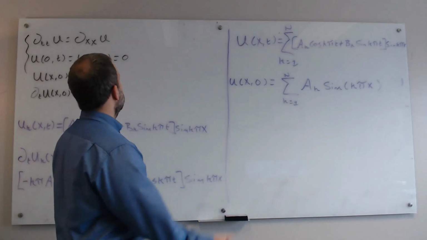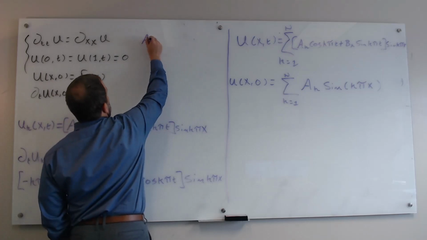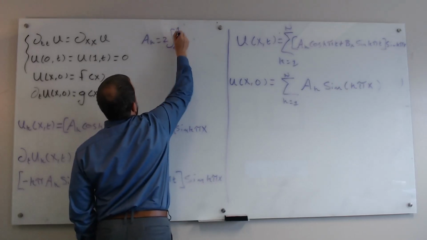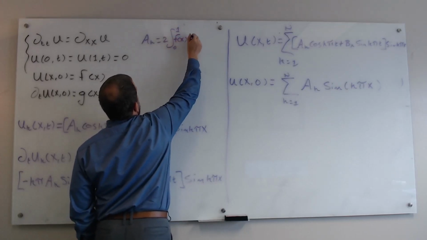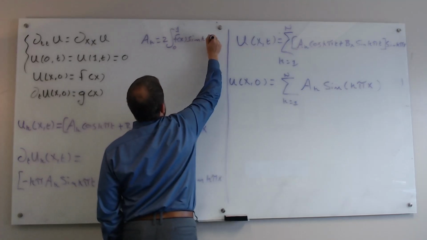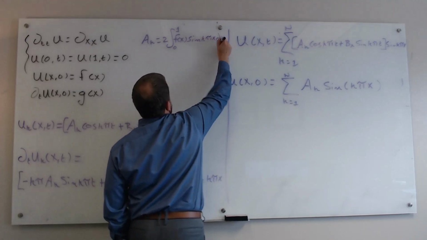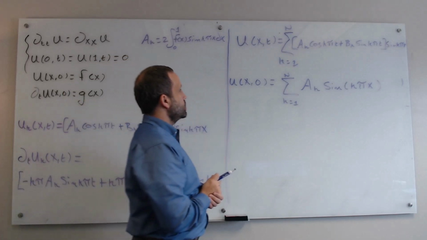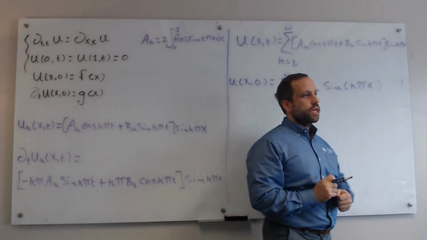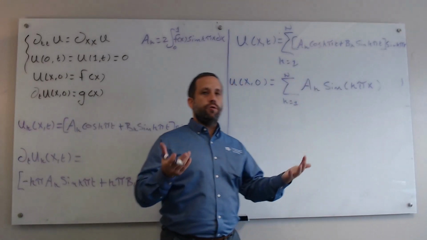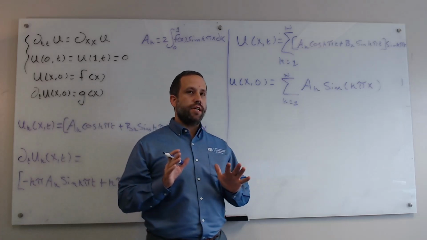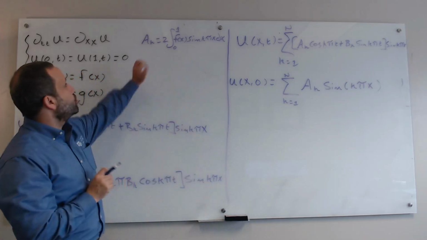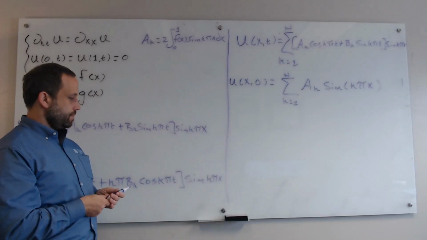We know how to handle this if we choose ak to be equal to 2 times the integral from 0 to 1 of f of x times sine of k pi x dx. Then in the case where f of x is exactly equal to a linear combination of sine functions, this is going to be exactly equal to f of x. But in the more general, more realistic case in which f of x can only be approximated by a linear combination of sine functions, this choice of ak gives us the best approximation.